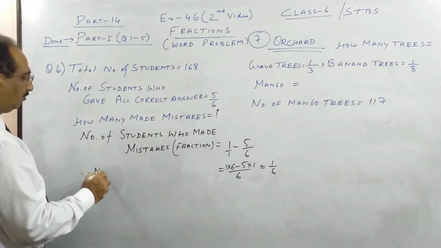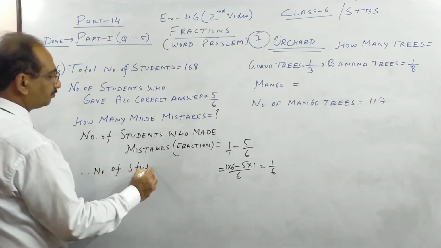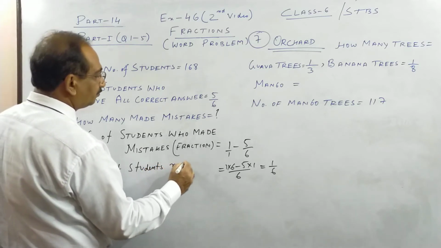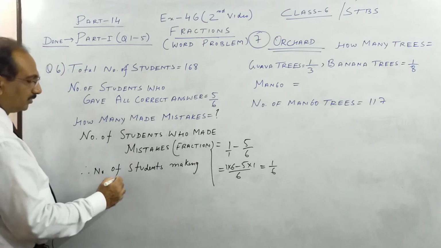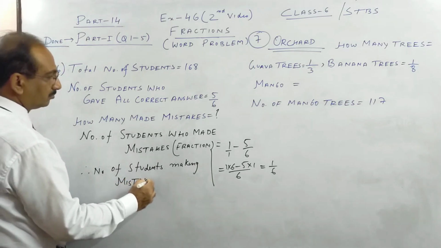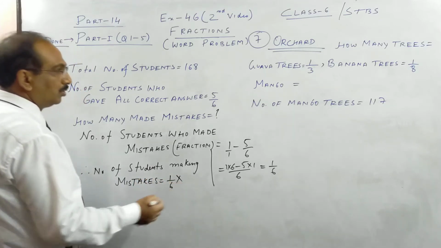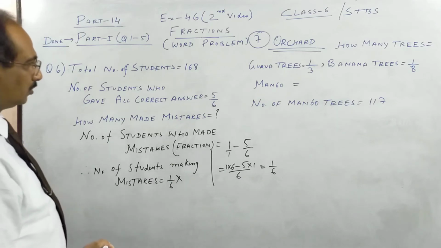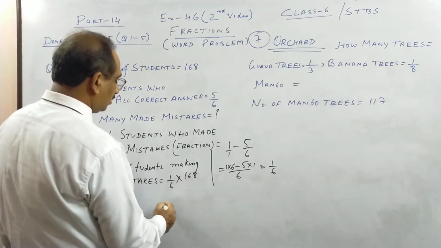Therefore the number of students making mistakes is 1/6 of the total. So 1/6 of 168.